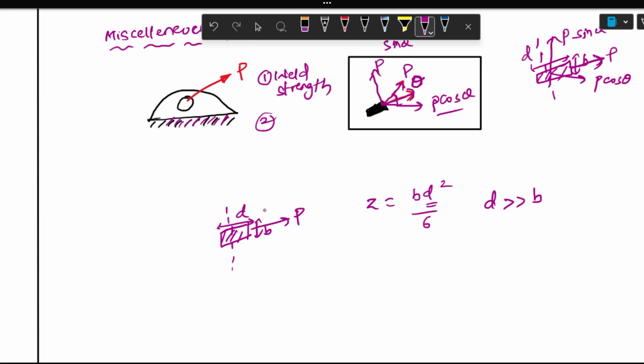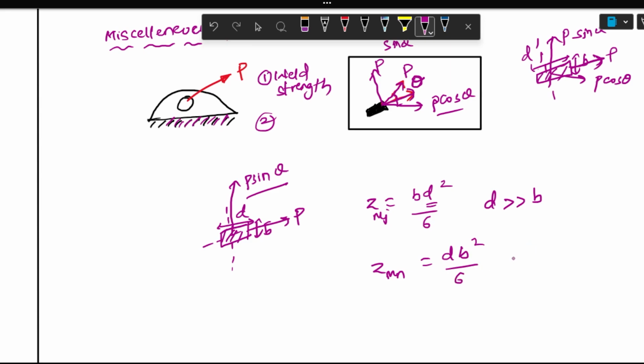Whenever the load is divided into components, for example, accidentally it comes through the minor axis, that is P sin theta. When we consider this P sin theta, the load is acting through the minor axis. So here Z major axis, Z minor axis, D into B square by 6 is the section modulus of the lug plate through the minor axis.